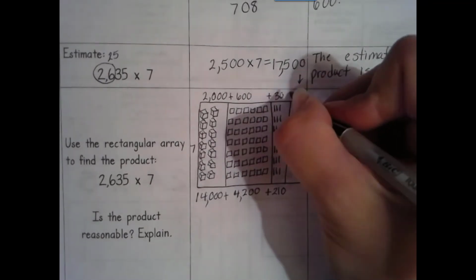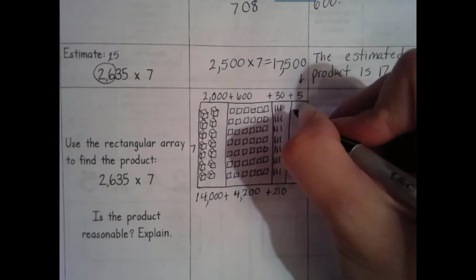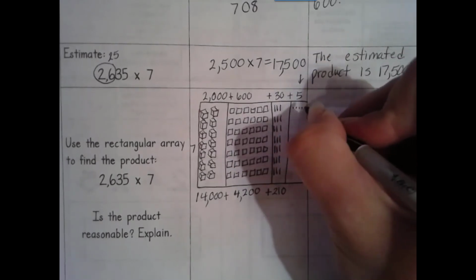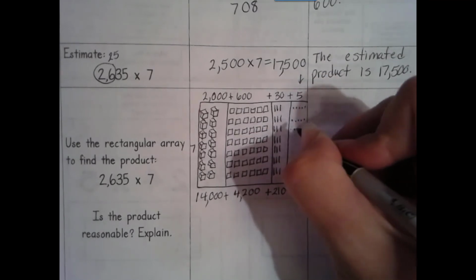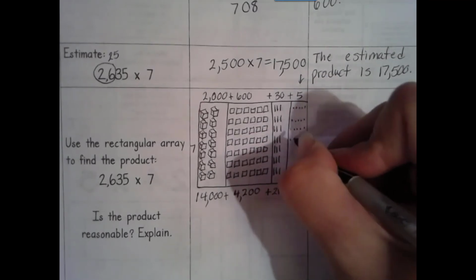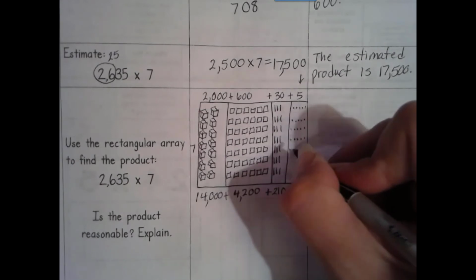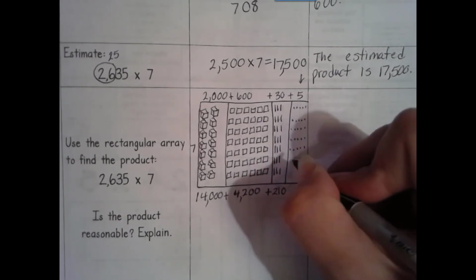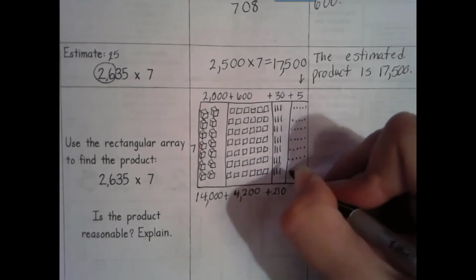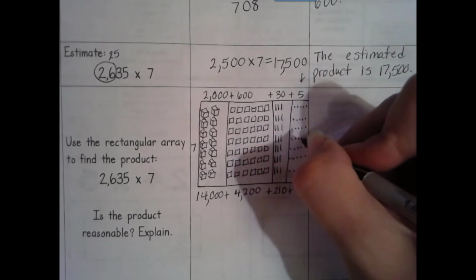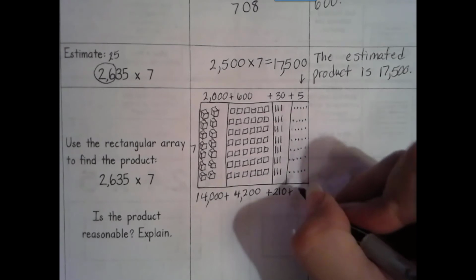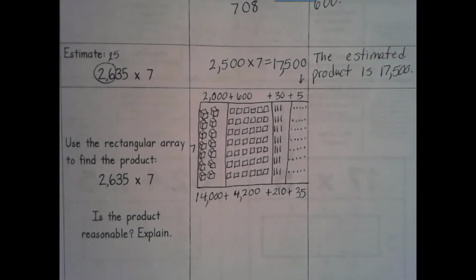And then finally, our 5 ones. 1, 2, 3, 4, 5, for each of the groups. 5, 10, 15, 20, 25, 30, 35 ones.